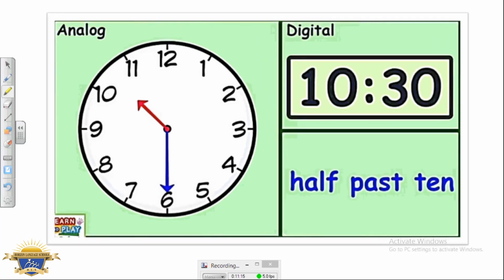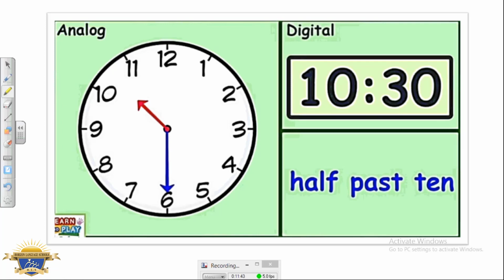So it's half past 10. Half past 10. And in the digital clock, I will write 10 because the small number between 10 and 11 is 10, and the minutes is 30. Okay?